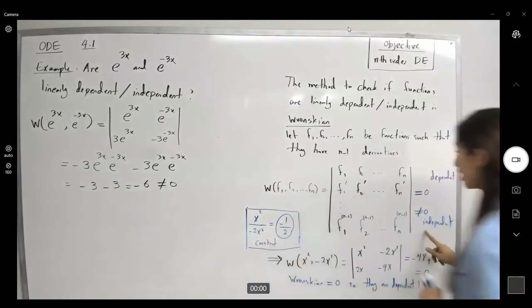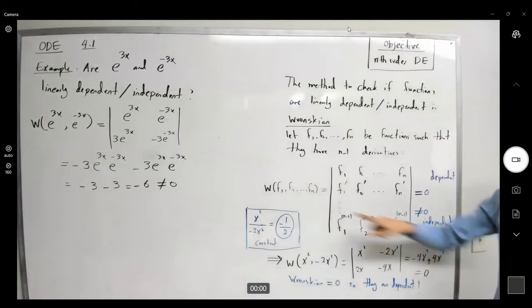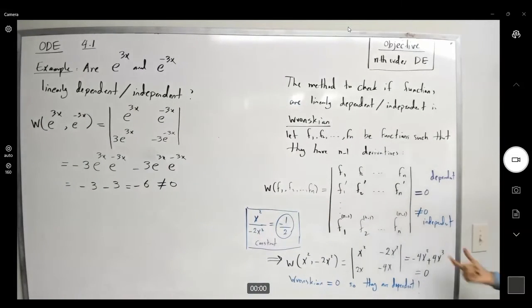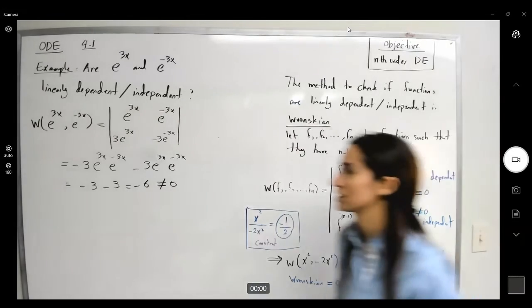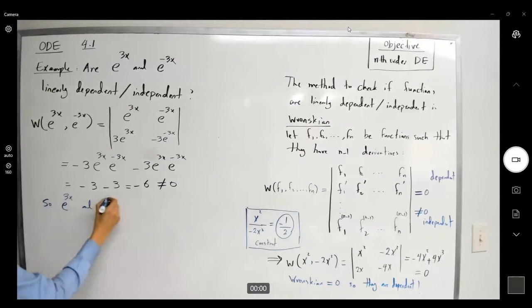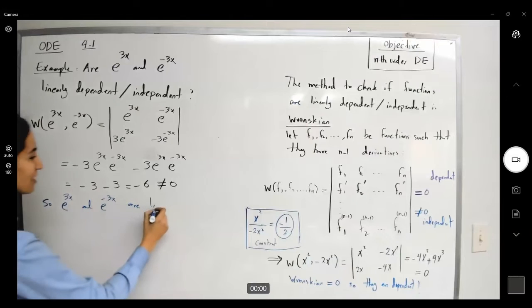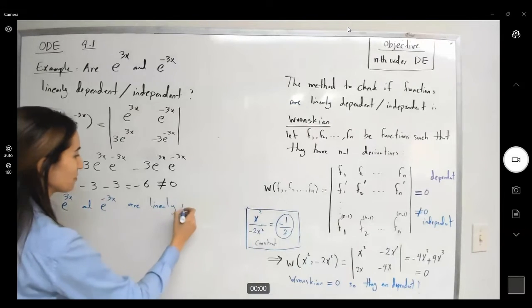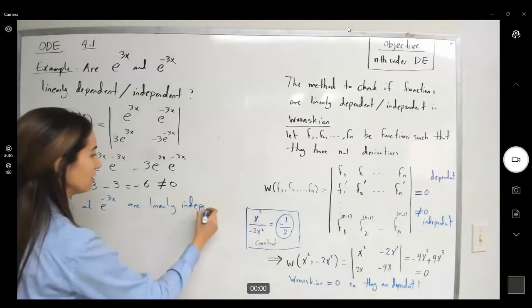It's not 0. What's the meaning of that? It means that these functions are linearly independent from each other. So our conclusion: e to 3x and e to negative 3x are linearly independent.